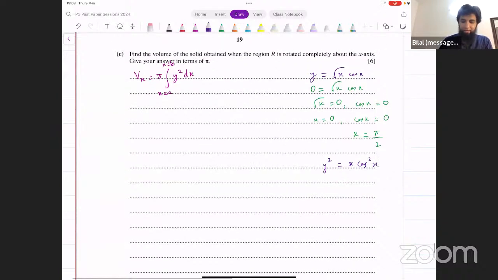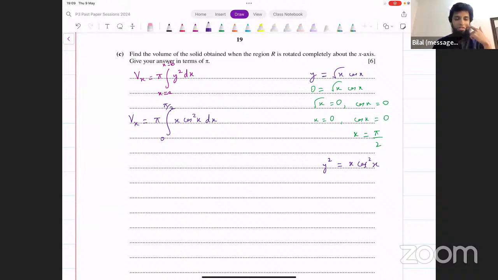We need to integrate this and input those limits. Vx is pi into integral of x into cos square x with respect to x. Limits are from 0 to pi over 2. This is what we want to evaluate. And now it's an integration problem. We have to integrate x into cos square x.